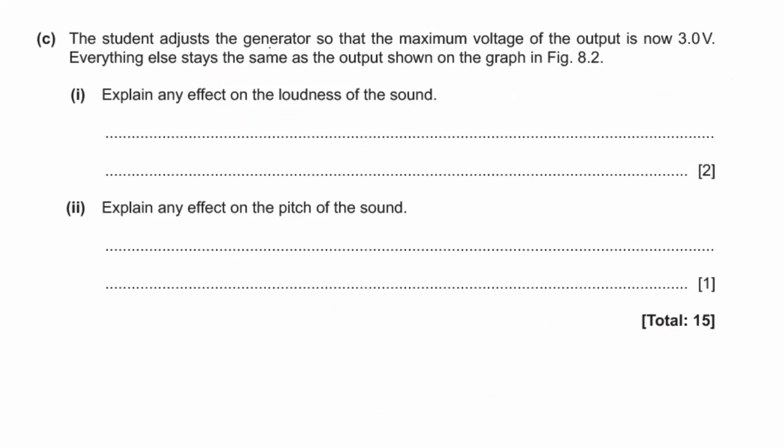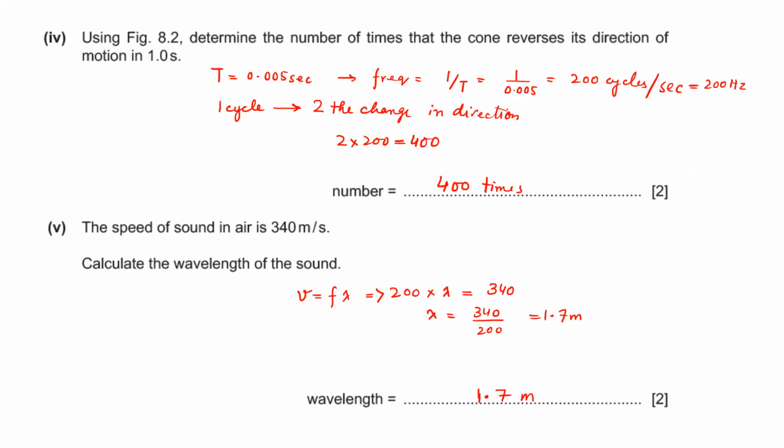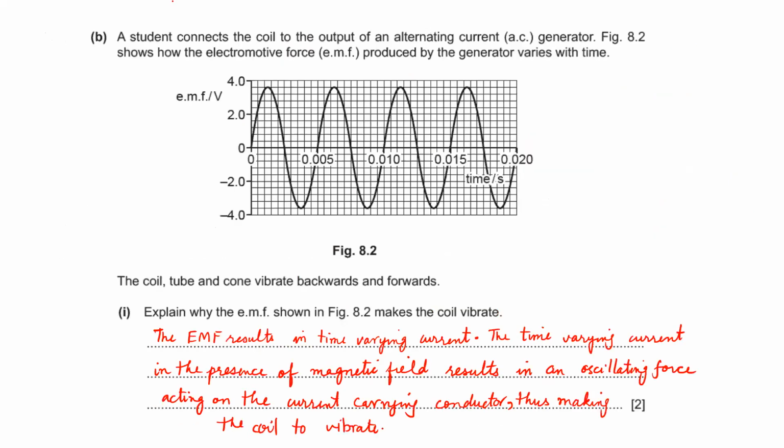Next part C says the student adjusts the generator so the maximum voltage of the output is now 3 volts. Everything else stays the same as the output shown on the curve. Explain any effect on the loudness of the sound. If we go back and see this curve, the amplitude of this curve is around 3.8 volts.